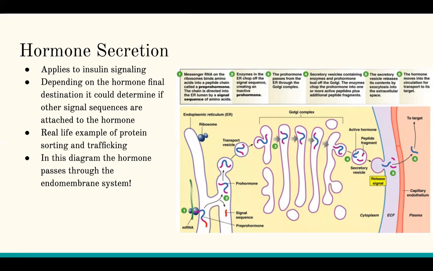So this is just an example of the real life protein sorting and trafficking that occurs in our bodies every day. So this particular hormone, I think it's insulin. I don't think it says though, is going through the endomembrane system.